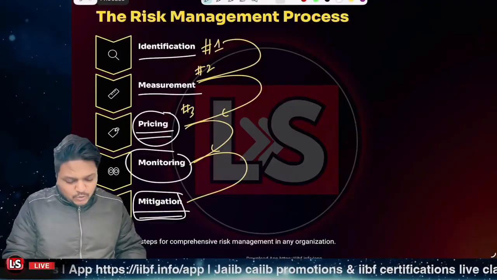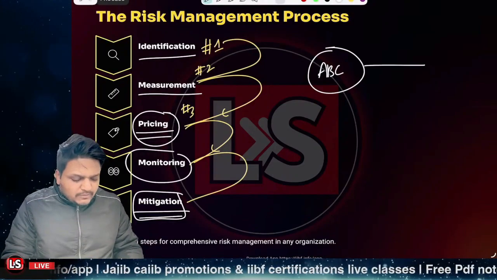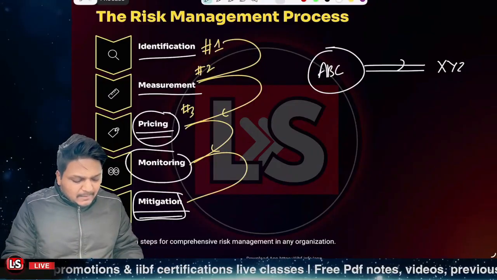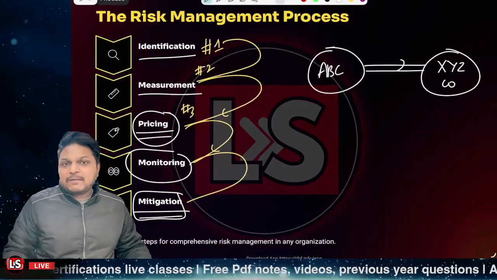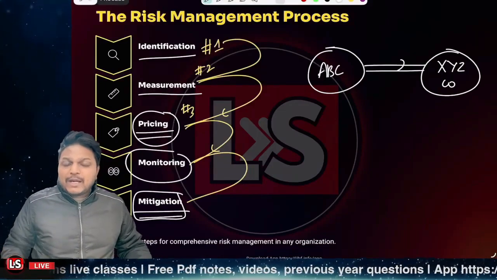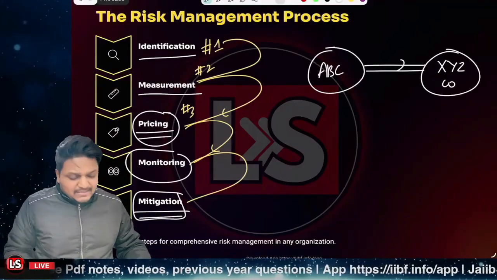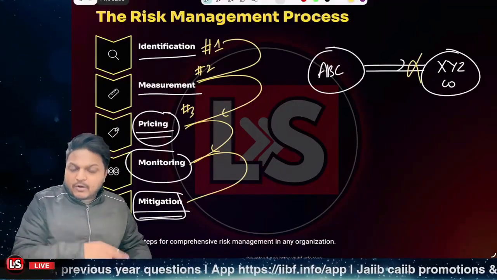In the same scenario, let's take the case that ABC bank is going to give a loan exposure amounting to rupees 10 crore to XYZ company, right? But now ABC bank is in doubt that it may happen that due to any defaults or any instances, the amount will be defaulted by XYZ company.